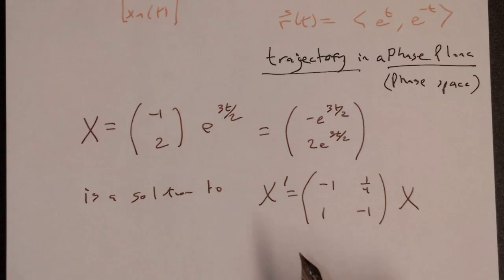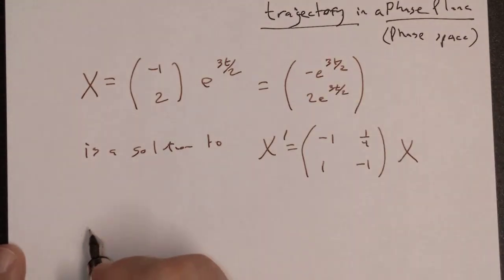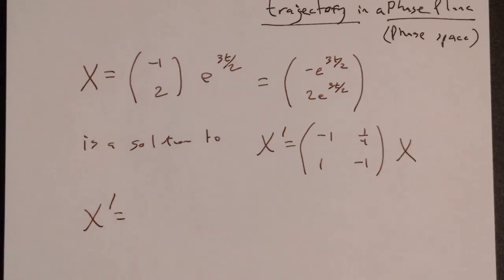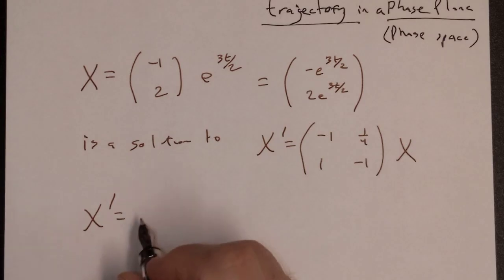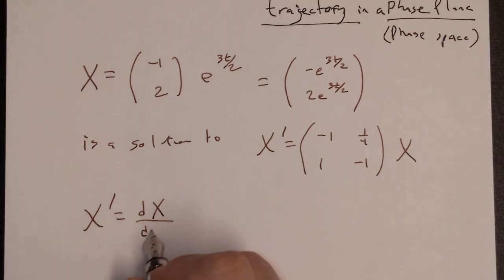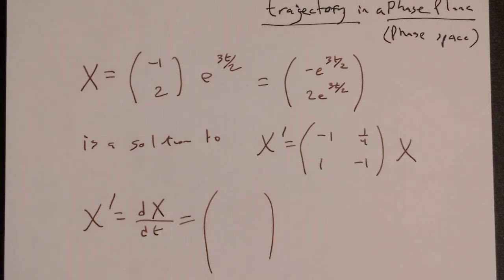So I need you to take the derivative of this thing. What is x prime? That's a new vector. What do I get for my new vector?